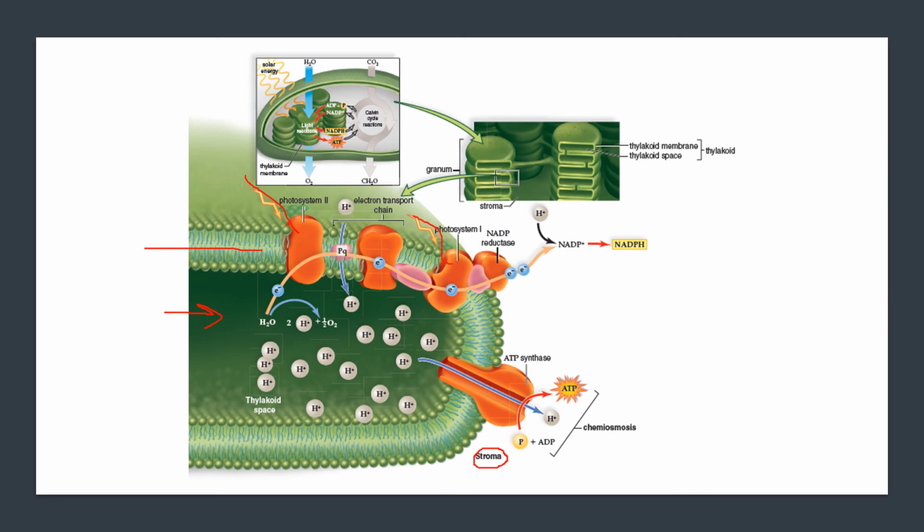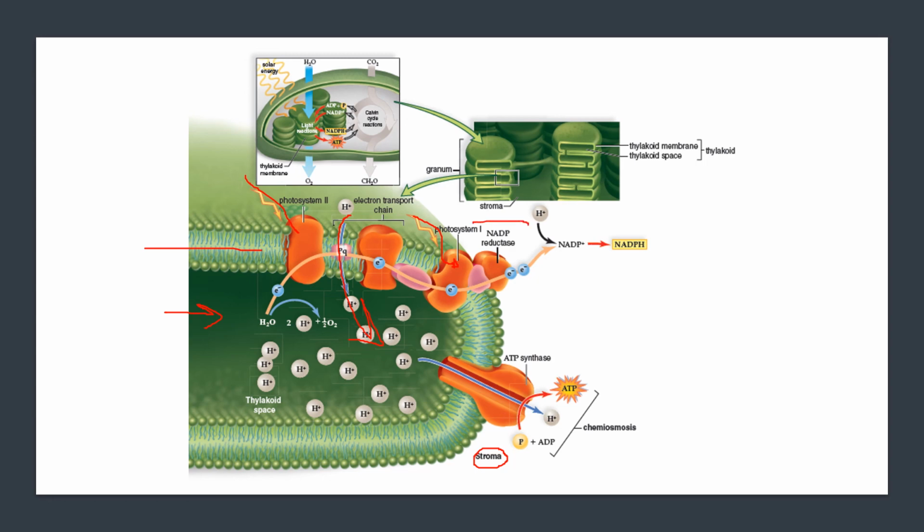We're harnessing that energy through our pigments. And then our electron transport chain. And as we have our electron transport chain, we are transporting hydrogen ions into the lumen of the thylakoid, and that is starting to build our concentration, and so increasing that potential energy.